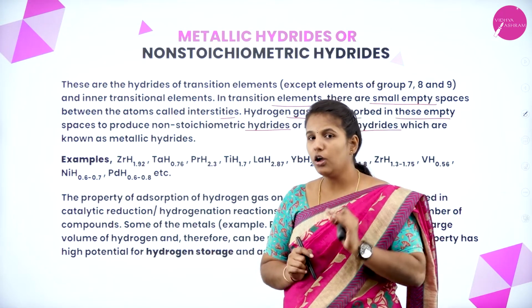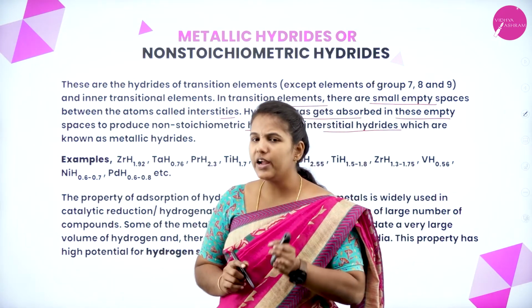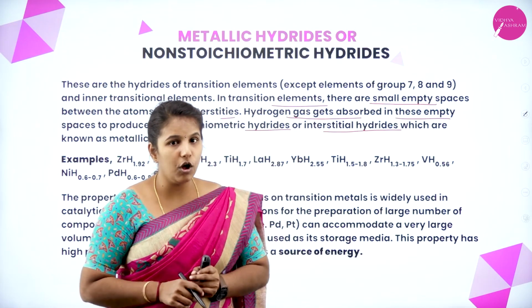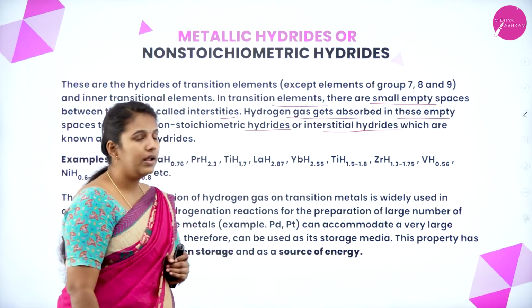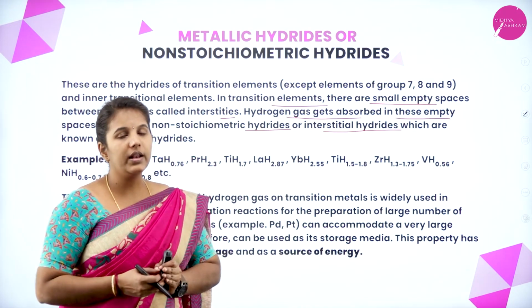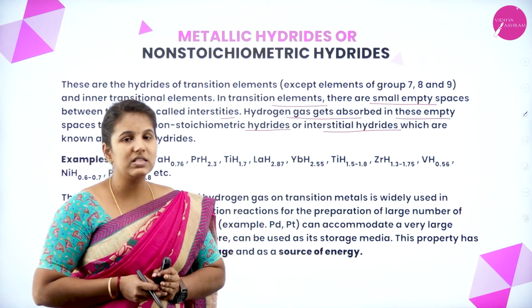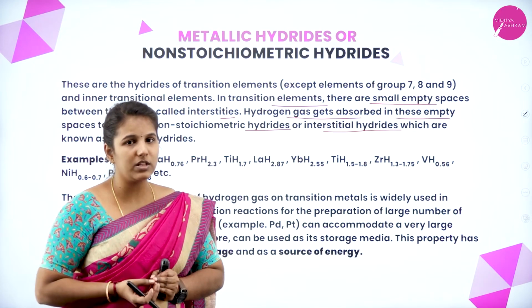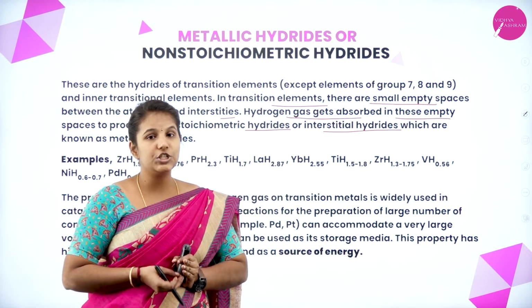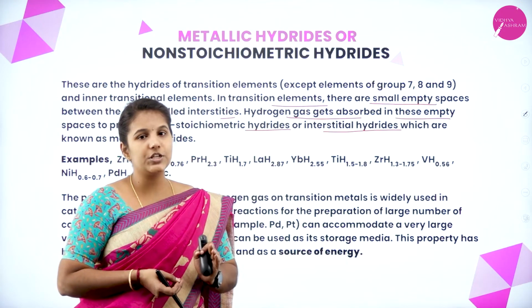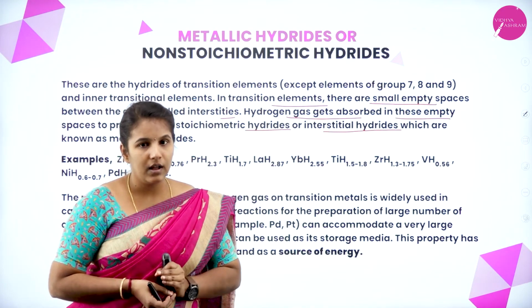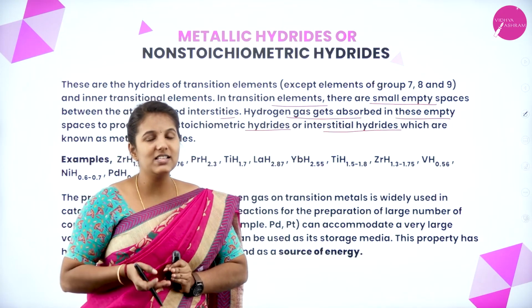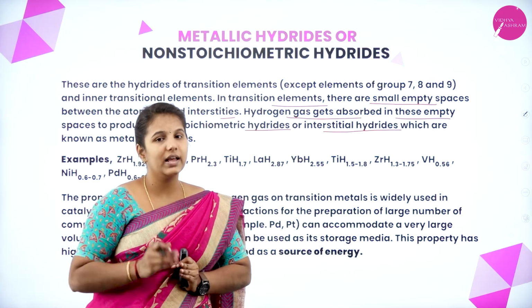Remember, you can consider any one of the d-block elements, for example titanium, where the metal itself consists of some empty spaces. We call those empty spaces interstitial sites. If hydrogen goes and occupies that interstitial site, then we say it is a metallic hydrate.